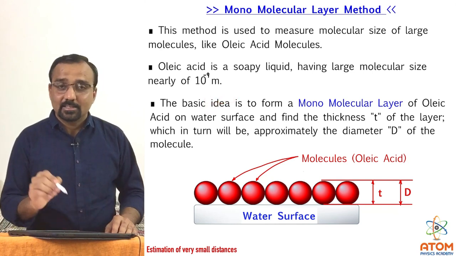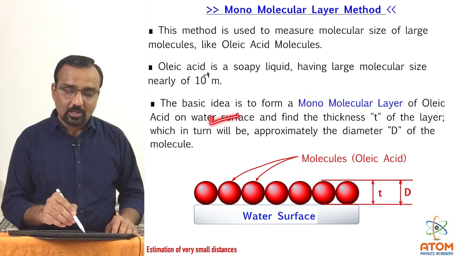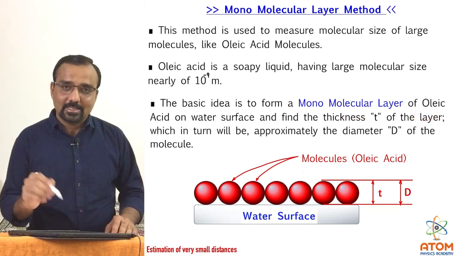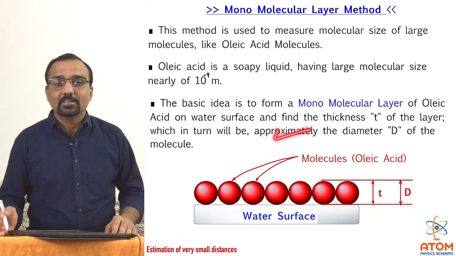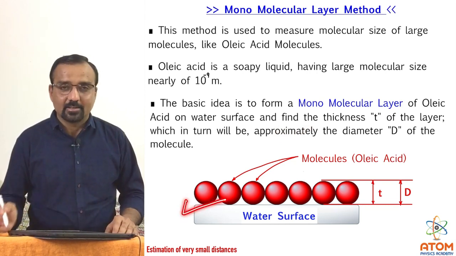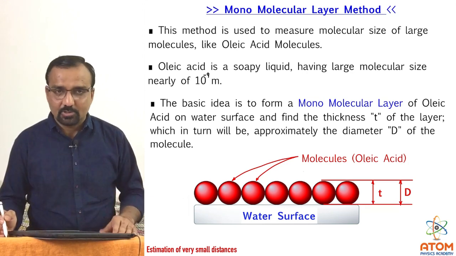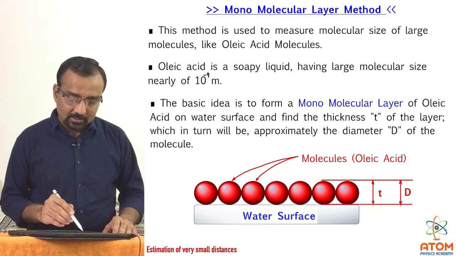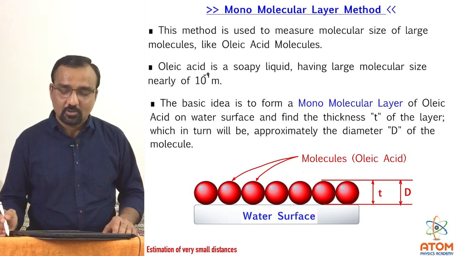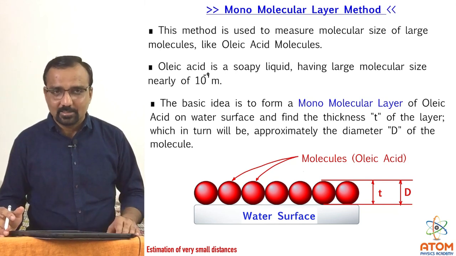The basic idea is to form a monomolecular layer of oleic acid on the water surface and find the thickness T of the layer, which in turn is approximately the diameter of the molecule itself. Now see this figure here. This figure is a cross section of the situation we want to prepare. This is the water surface and here are shown the molecules of oleic acid. Obviously it is a zoomed view to make you understand this.